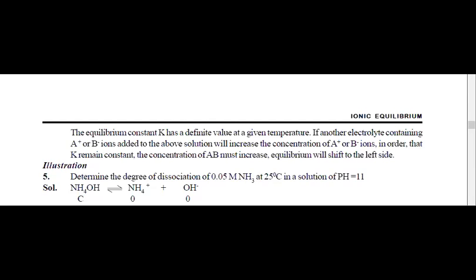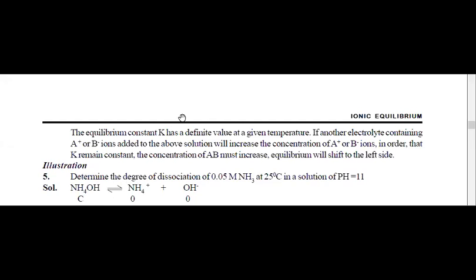We have solved problems like this, if you remember. First of all, determine the degree of dissociation of 0.05 molar NH3 at 25 degrees centigrade in a solution of pH 11. Now you might be confused by this reaction.